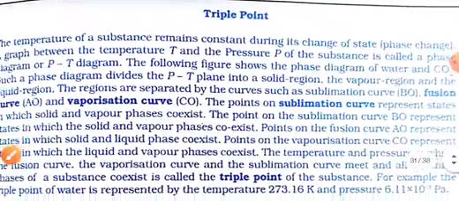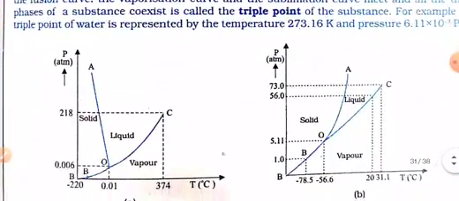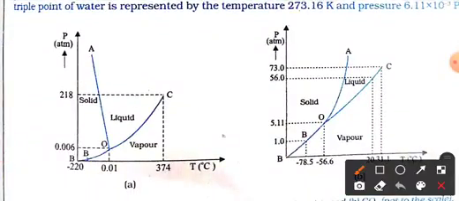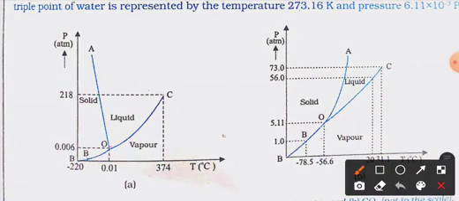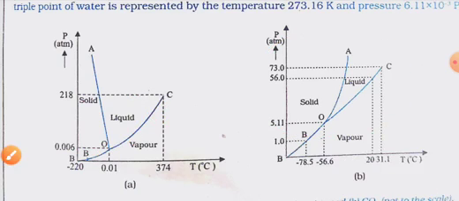Then the fusion curve AO and the vaporization curve CO. This is the fusion curve for conversion of solid to liquid and liquid to solid, and this is the vaporization curve CO, till CO only, not from B to C, because BO was the sublimation curve. If they cross this curve, liquid will convert into vapor and vapor will be converted into liquid. This is the same for the CO2 curve also.